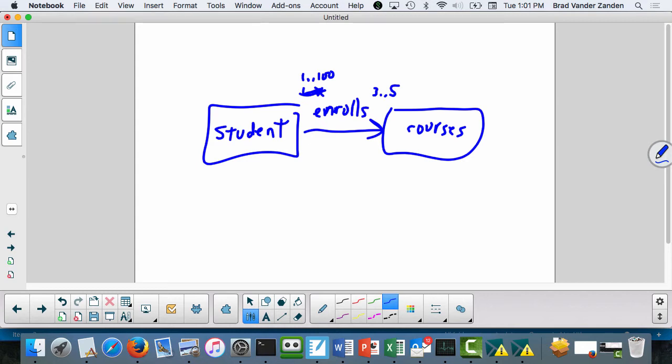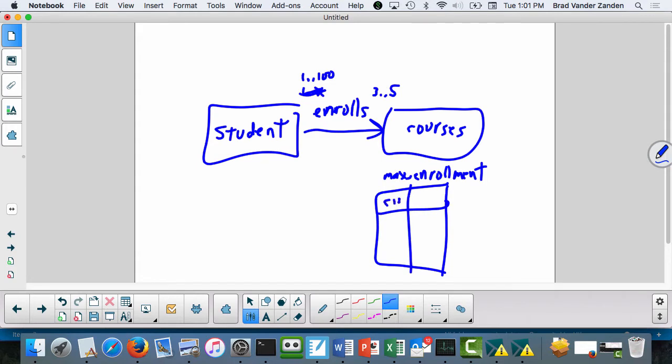And I think what you would have to do is actually create another relation with the maximum enrollment caps. So I think what you would do is have something like max enrollment, and you would probably have course ID and cap. And then you would have something based on that cap. But I would have to think about how you did that.